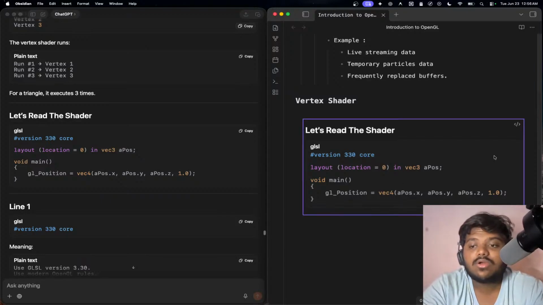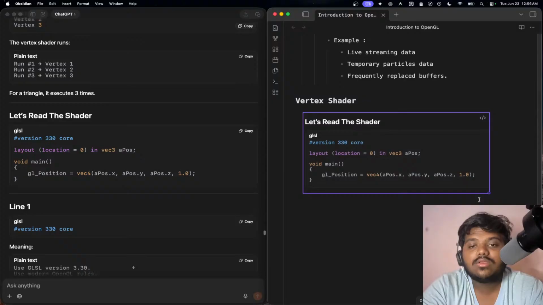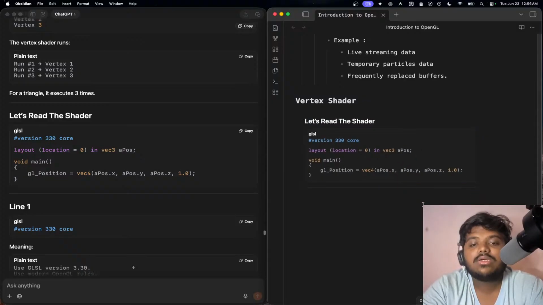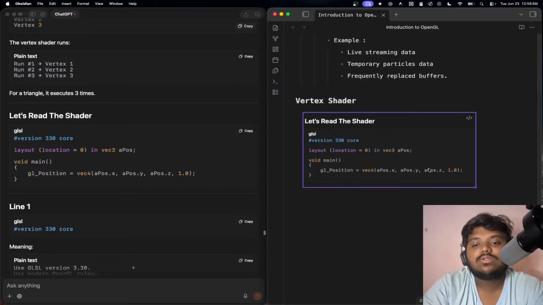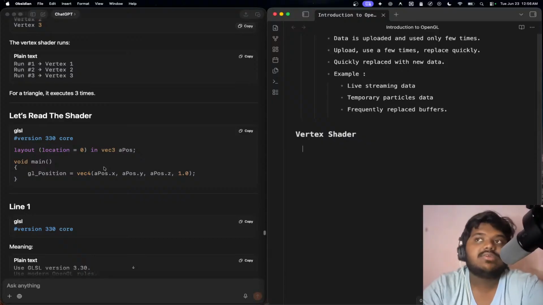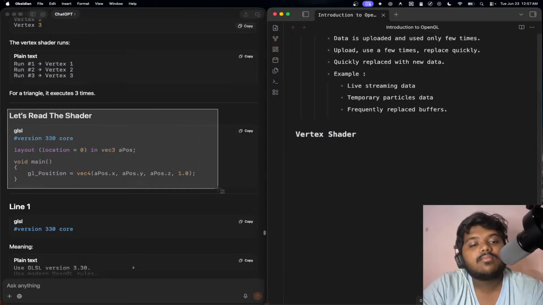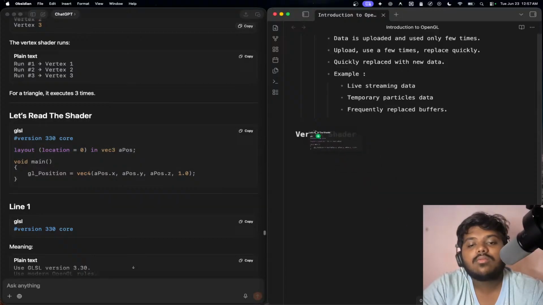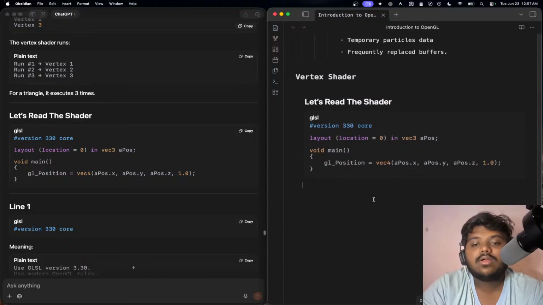I think I'm not supposed to be using that. Using what? I mean the screenshot. I don't really need this. Delete this and take the screenshot properly. Alright, I think it is better now.